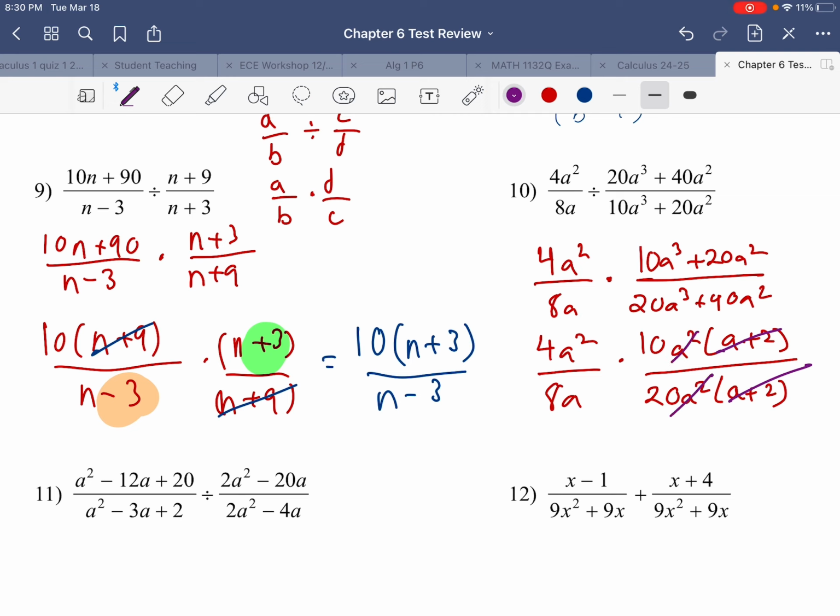A squared and a squared cancel. This is 1 over 2. This is also 1 over 2. And a squared divided by a is going to be a.